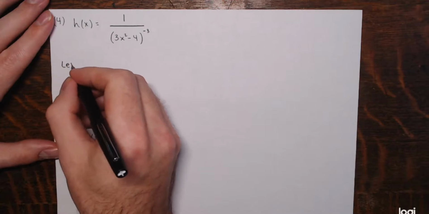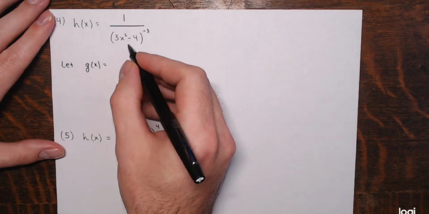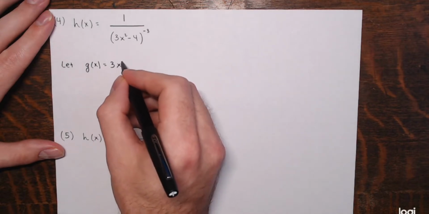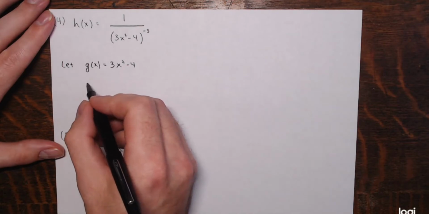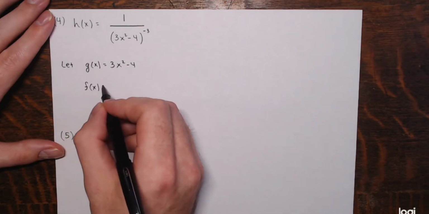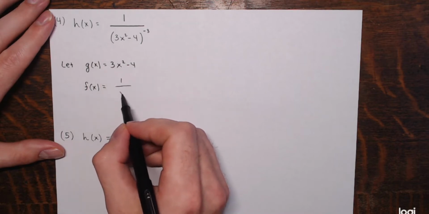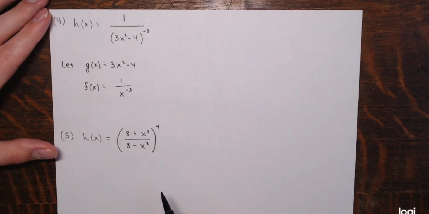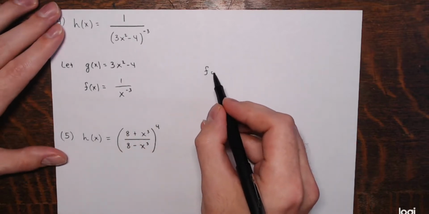So watch, I'll let g of x, the inside function, be this 3x squared minus 4, this expression in the parentheses. And f of x be 1 over something to the negative 3rd power, 1 over x to the negative 3rd power. And f composed with g should be equal to h.